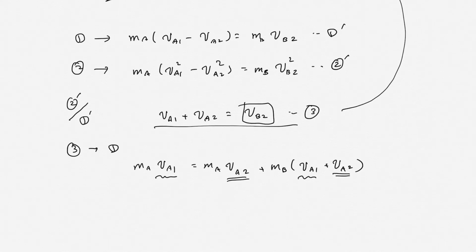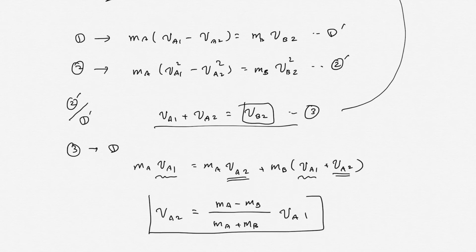Then you can calculate: v sub a2 becomes m sub a minus m sub b over m sub a plus m sub b, times v sub a1. So we have this equation, and we get the first answer.